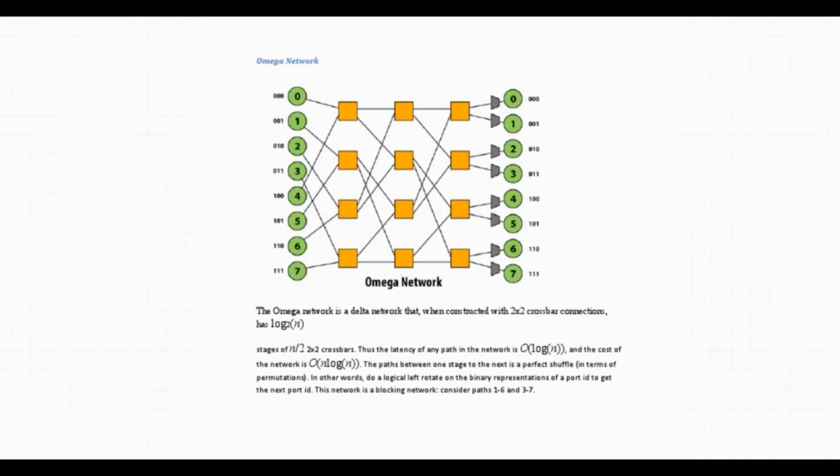To find that, first jot down the number of processors. So just write it. Say n is the number of processors. In our example, the number of processors is 8.